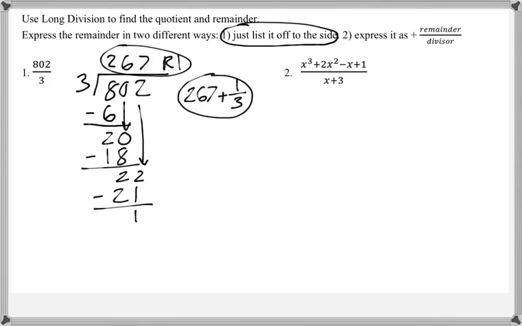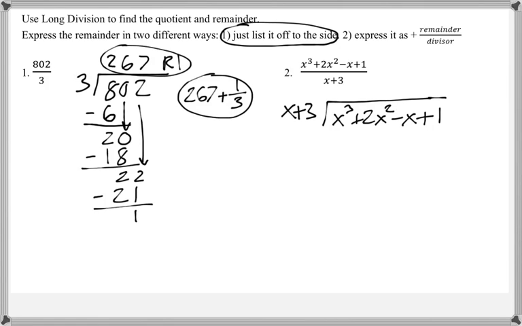So I want to do long division now with polynomials. So I'm going to take x plus 3 and divide it into x cubed plus 2x squared minus x plus 1. So when we're doing this, we're kind of going back and forth between looking at the entire polynomial and just the first terms.